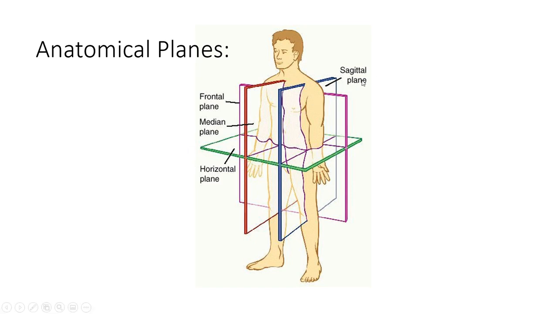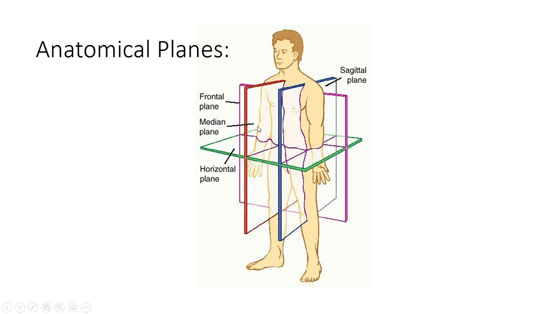Here is our sagittal plane. The sagittal planes divide the body or an organ vertically into right and left sides. If the vertical plane runs directly down the middle of the body, it is referred to as a mid-sagittal or median plane, which is identified here.